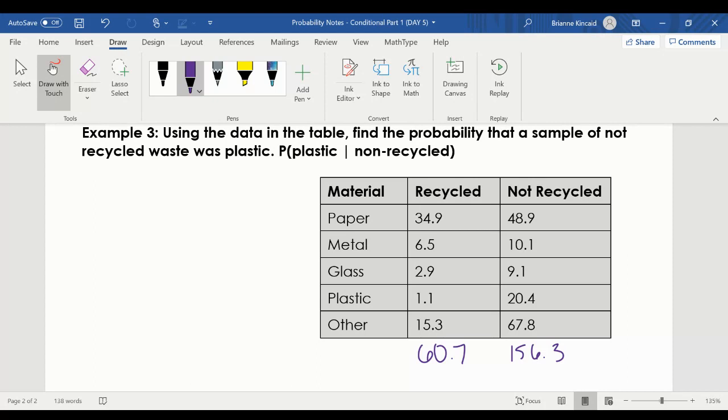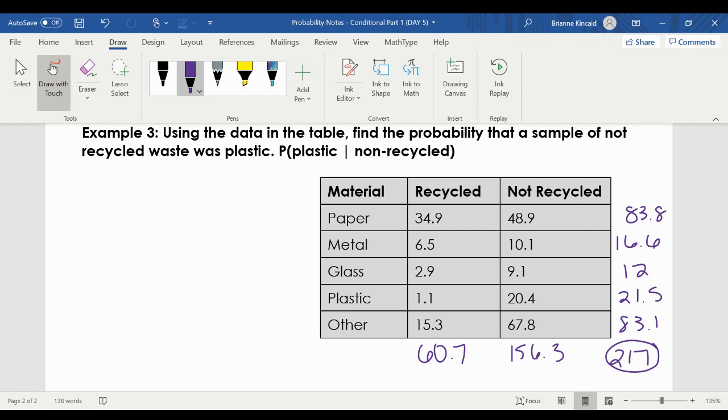I'm going to add those together, 217. We're going to do each row as well, just to make sure we have the same total. Once again, I'm going to total down the row. You should be following along and adding these together with me. And once again, we're going to get 217.